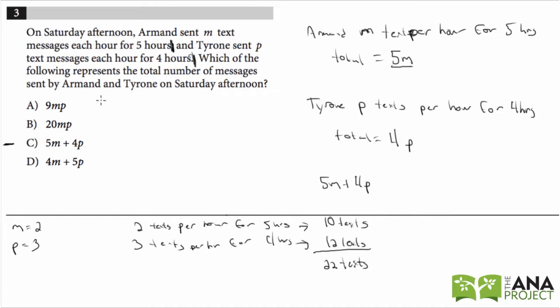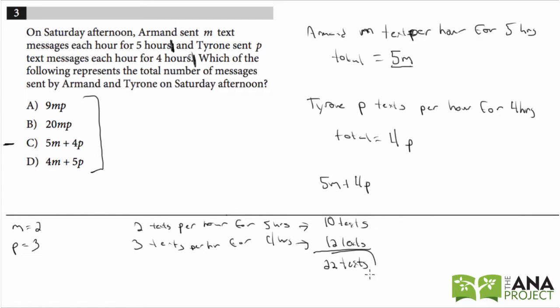Now, we don't see 22 here, but we can plug 2 in for M and 3 in for P to find the right answer. Well, 9 times 2 times 3: 2 times 3 is 6, and 9 times 6 is 54.